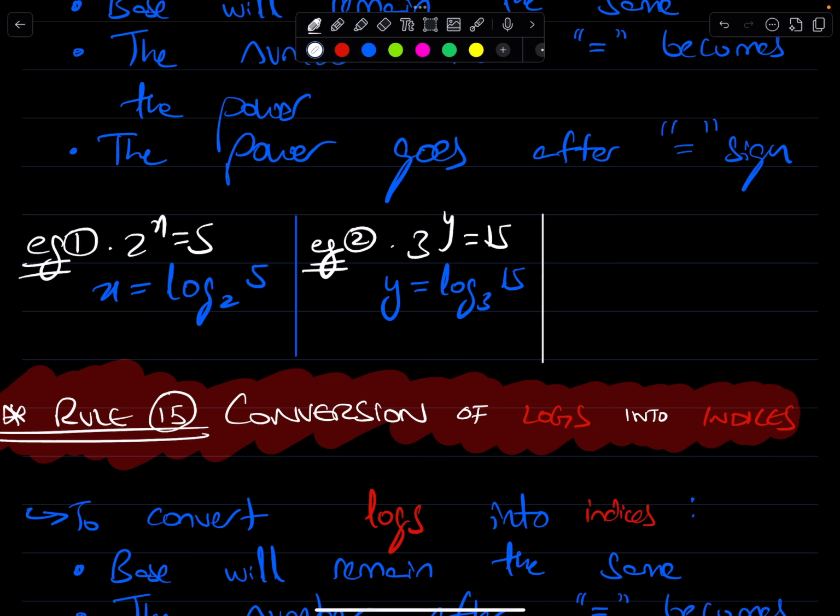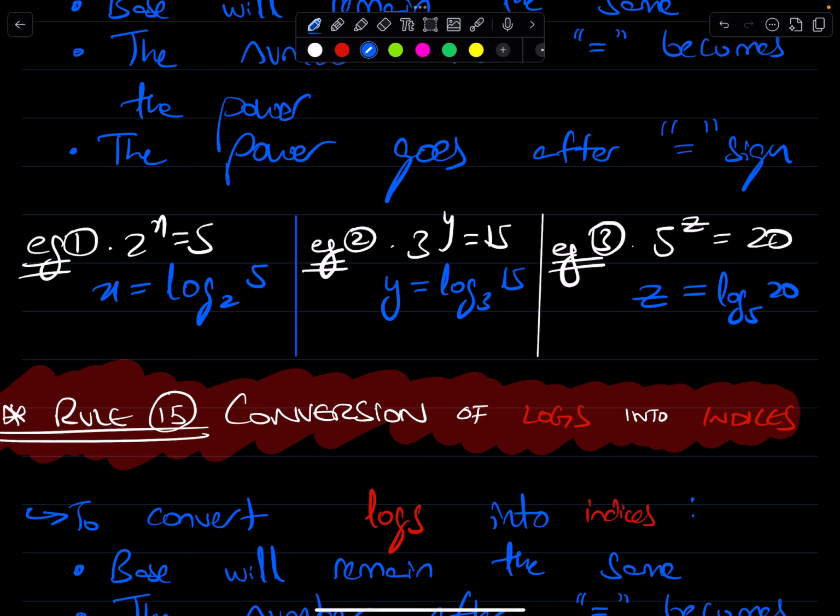Then example 3. 5^z, let's say, is 20. Thus z is equal to log base 5 of 20. What power should 5 be raised to get 20?